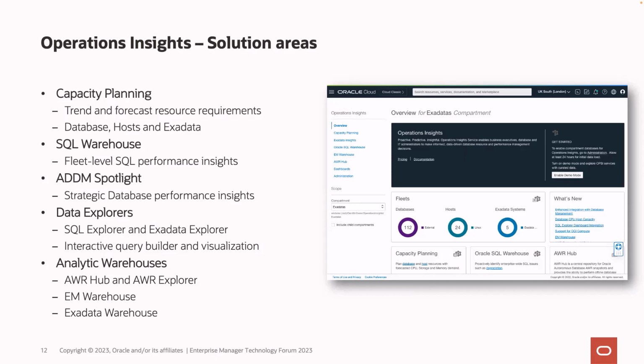Lastly, we have do-it-yourself analytic warehouses such as AWR Hub, AWR Explorer, EM Warehouse, and Exadata Warehouse, which are built for doing customized analytics for your customized use case within Operations Insights service.